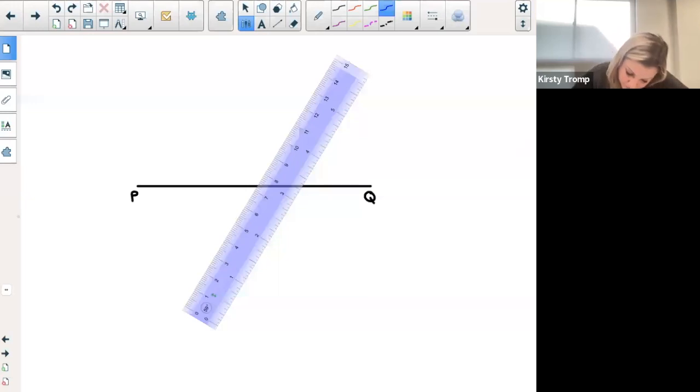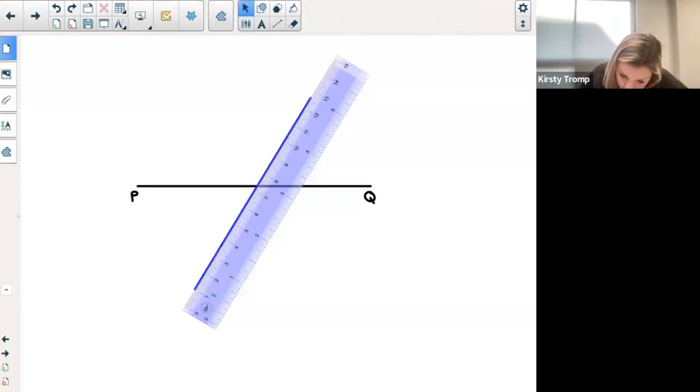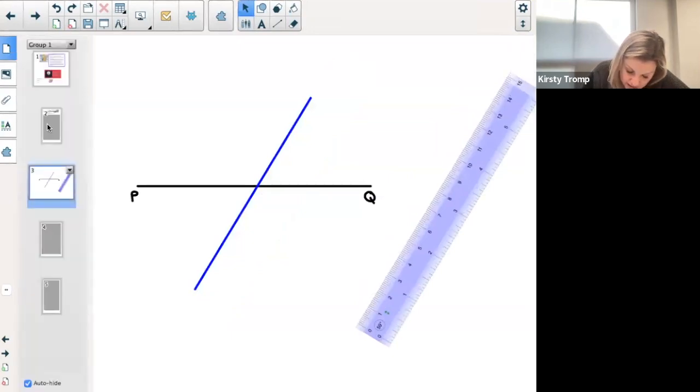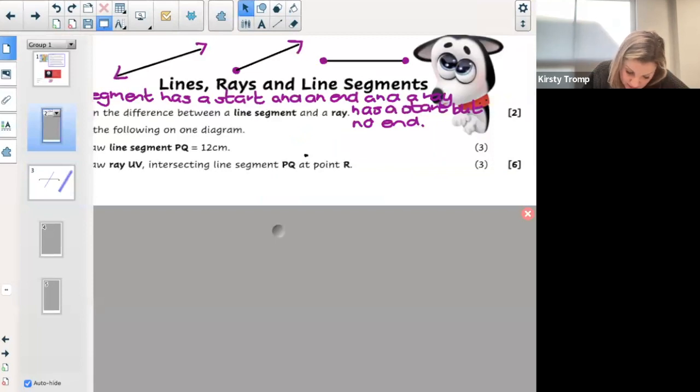It didn't tell me to make it any length. Why didn't it tell me to make a length? Because it is a ray. So I'm going to draw it like that. I'm going to move my ruler out of the way. I needed to name it UV.